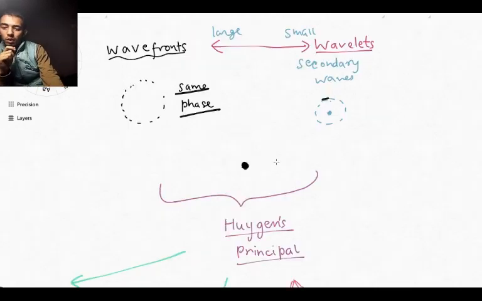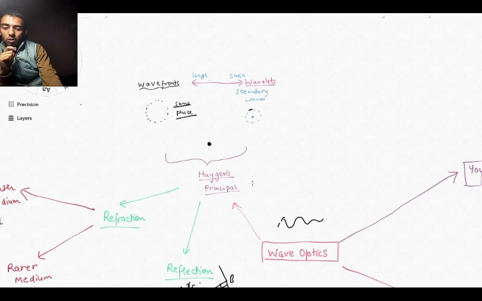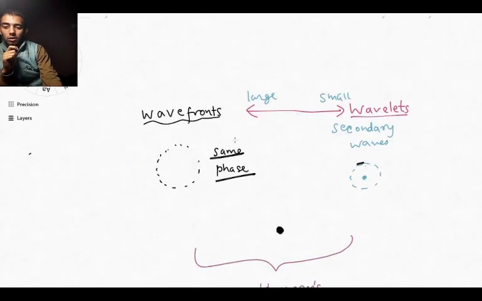Before jumping into the Huygens principle, first of all, we have to know two things. First is wavefront and second is wavelets. Wavefronts are the imaginary line which joins all the points of light which are in the same phase.